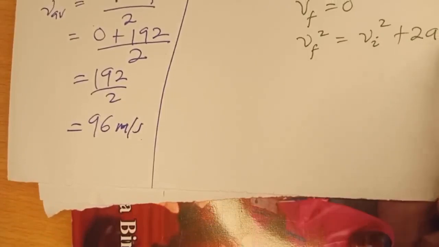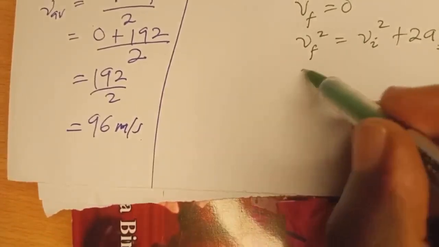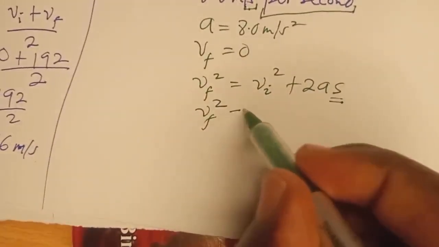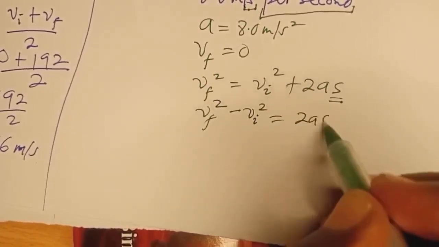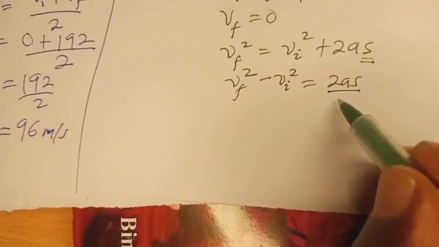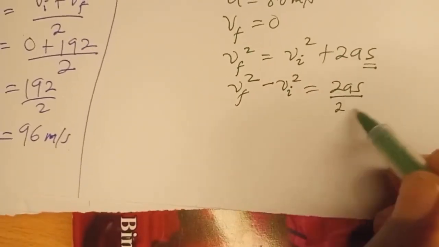Now to get my s, I will have to make s the subject of the formula. So final velocity squared minus initial velocity squared is equal to 2as. Then I divide both sides by 2a.